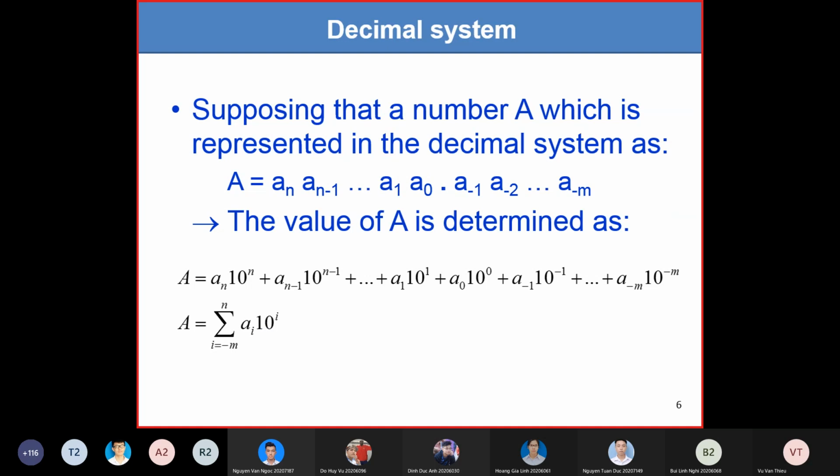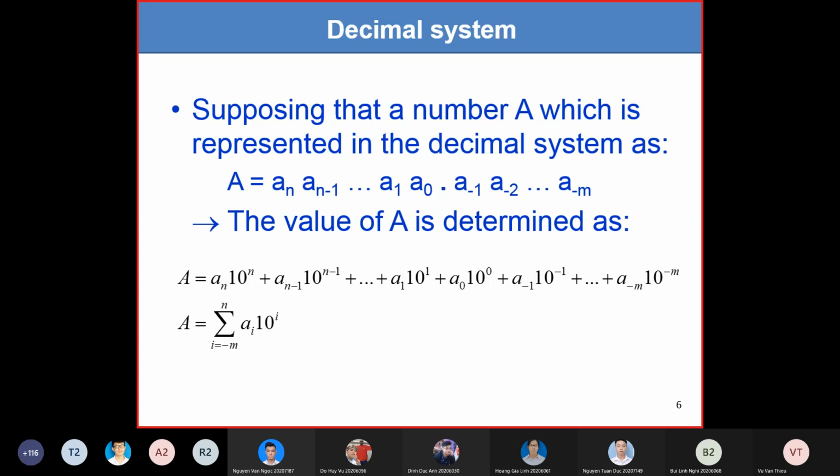In general, suppose a number A is represented in the decimal system in the form A equal to a subindex n, a subindex n minus 1, until a subindex 0. That is the integer part of a number in the decimal system.